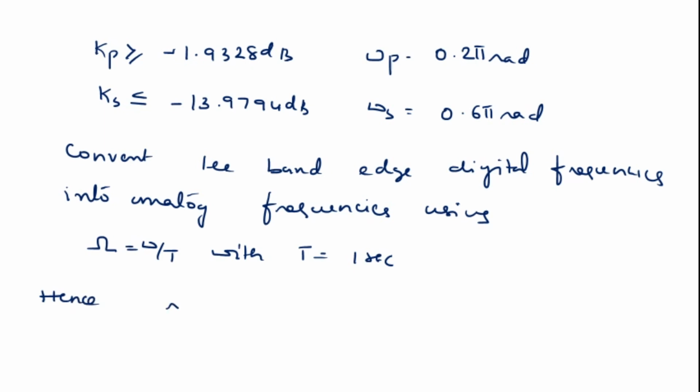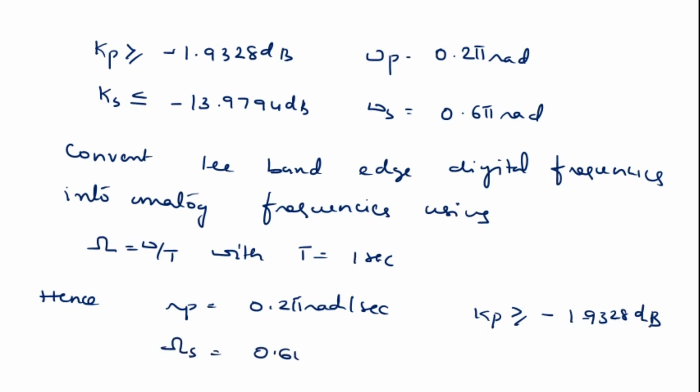Hence Omega p is equal to 0.25 radian per second, Kp is greater than or equal to minus 1.9328 decibels. Omega s is equal to 0.65 radian per second, Ks is less than or equal to minus 13.9794 decibels. This is by assuming T is equal to 1 second.